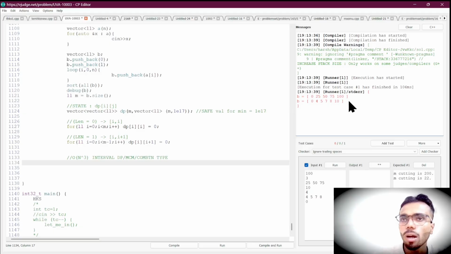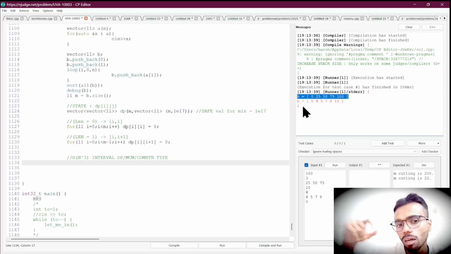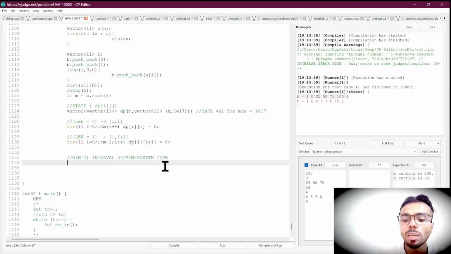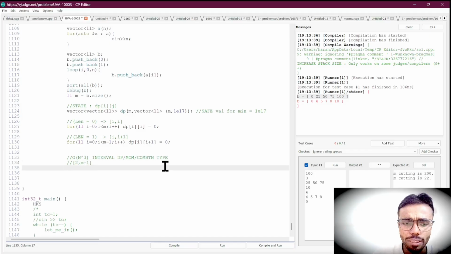So the total number of segments will be m minus 1. Basically m coordinates will form at most m minus 1 segments. So the possible length of interval we can iterate is 2 to m minus 1. So we iterate over all possible lengths of interval.